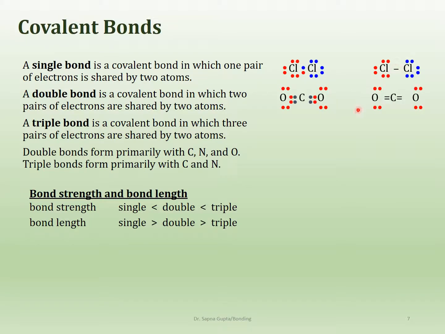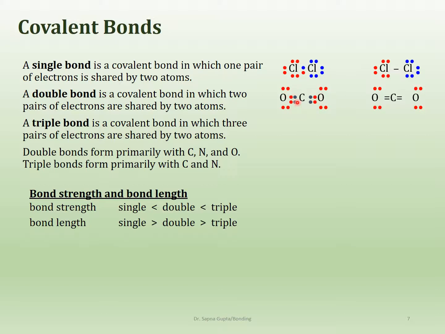In case of carbon dioxide, where you have carbon here in the middle, and carbon has 4 electrons, so that's this light green gray colored electrons. And oxygen has 6 electrons, so oxygen needs 2 more electrons, and carbon needs 4 more electrons, so it needs 2 oxygens. And so therefore now carbon has 8 electrons.